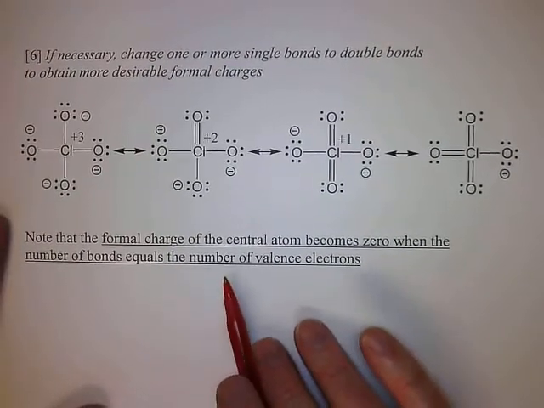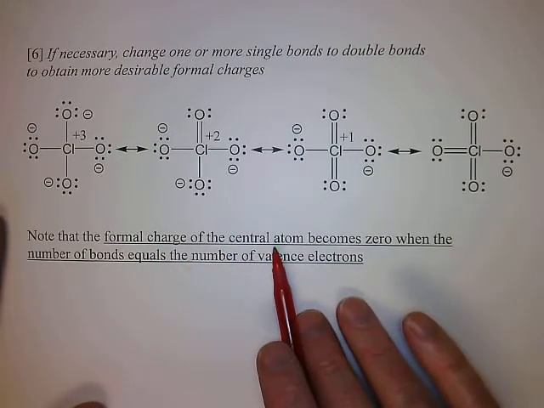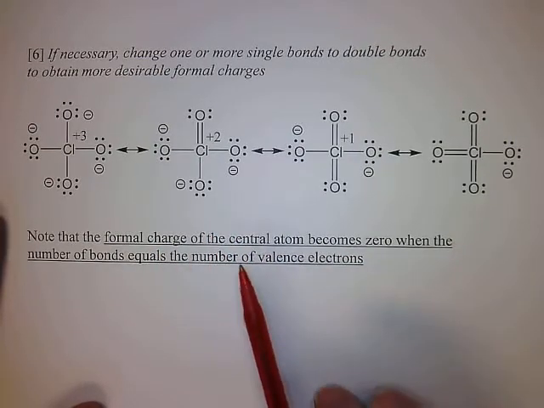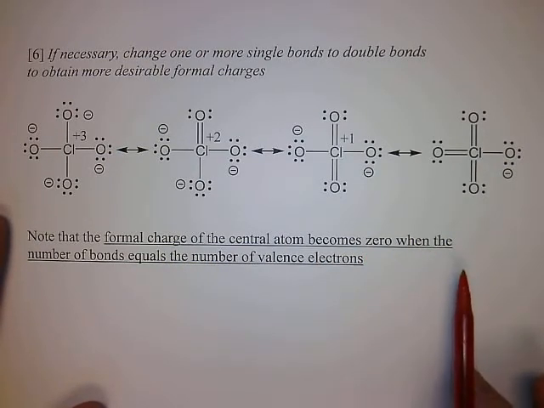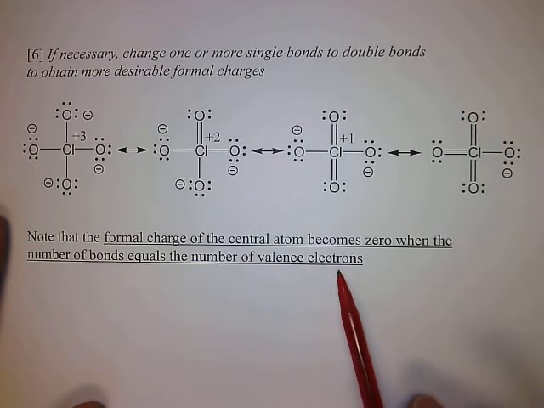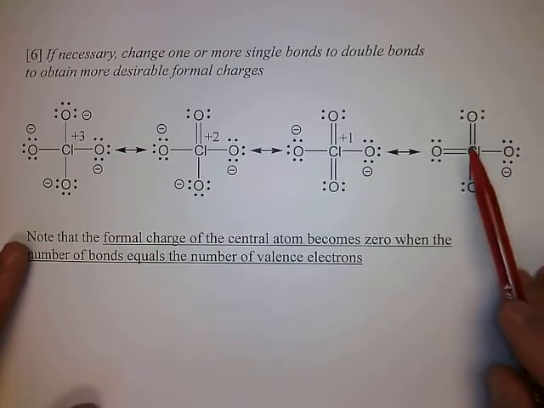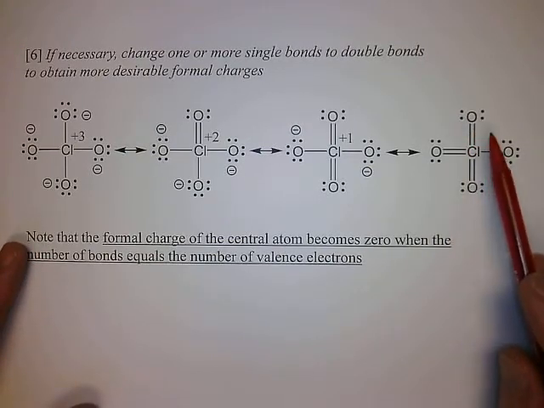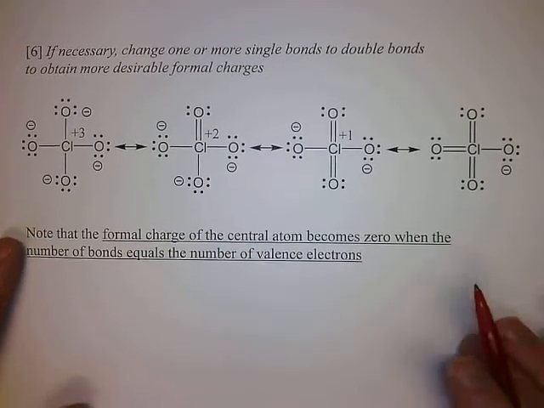Now this shows a point that I think is kind of important: the formal charge of a central atom becomes 0 when the number of bonds equals the number of valence electrons. Okay? That's because of the way we count formal charge by splitting the electrons up equally. So when chlorine has 7 bonds, like we have here, the formal charge becomes 0.